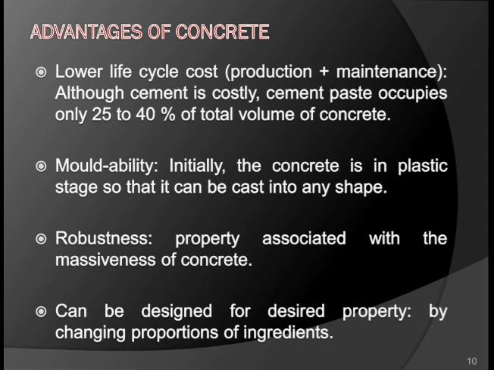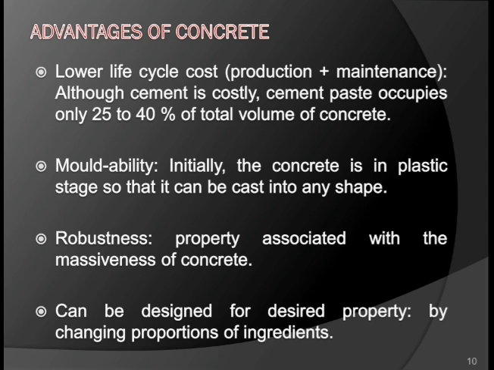Robustness, what does it mean? It is the property associated with the massiveness of concrete. Again, it is a very important property and a big advantage of concrete. An example of robustness is a gravity dam, a concrete dam. A huge amount of concrete is used in that particular work.